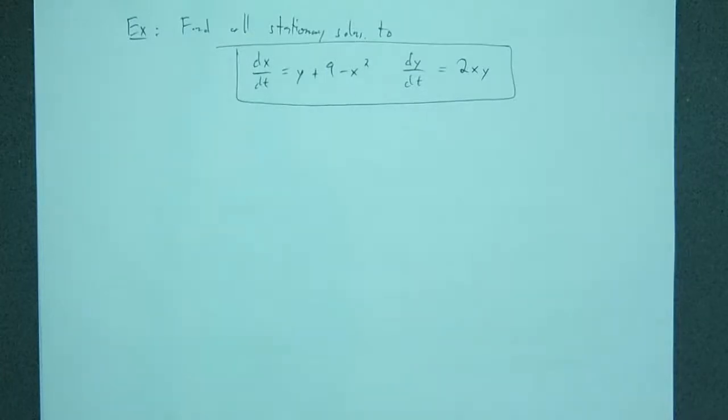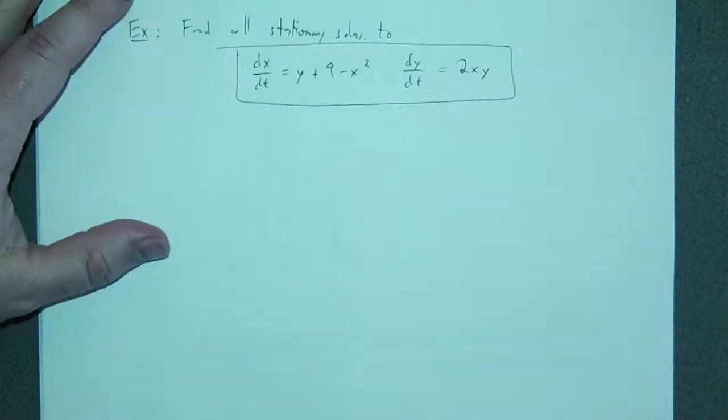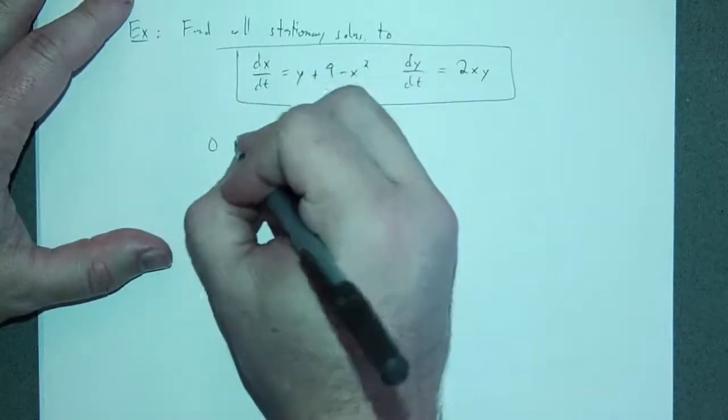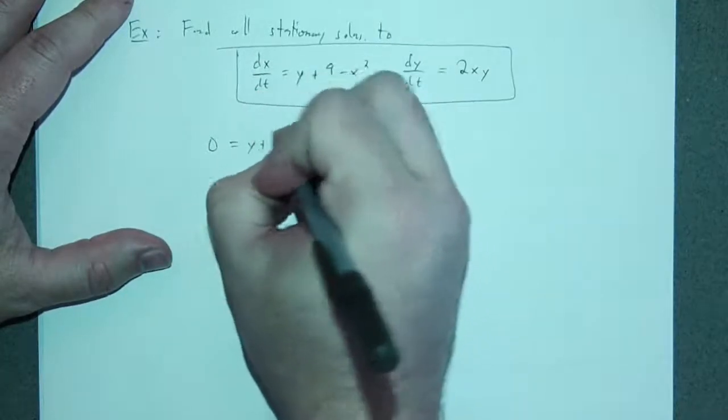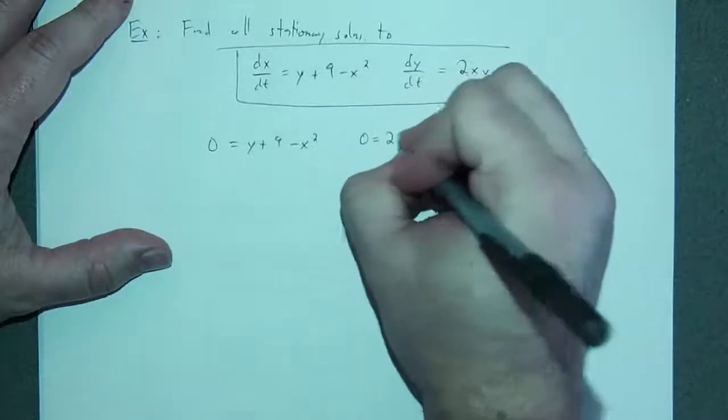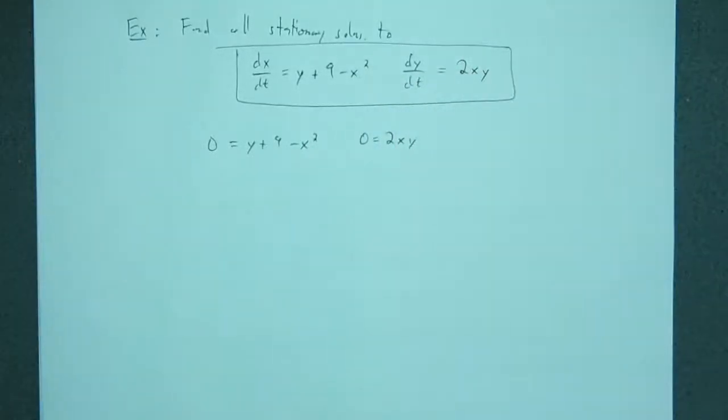Okay. Alright, so what are these things? Well, stationary solutions would satisfy 0 equals y plus 9 minus x squared, and 0 equals 2xy. Because, so here's how these go, right? And you might remember this from Calc 3 a little bit.